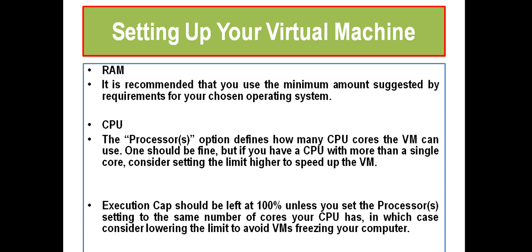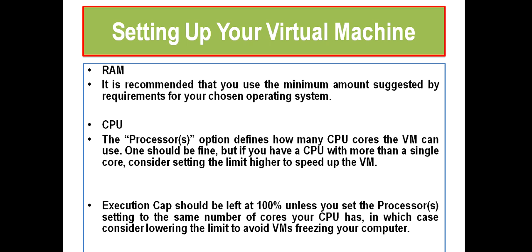That's on you. The minimum will be one. Then the execution cap should be left at 100% unless you set the processor setting to the same number of cores your CPU has, in which case consider lowering the limit to avoid the VM freezing your computer.